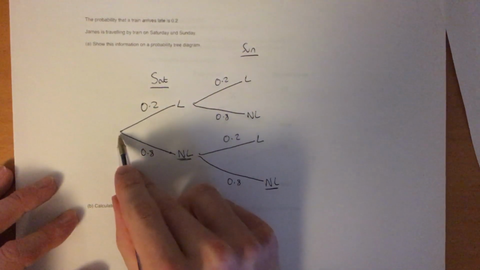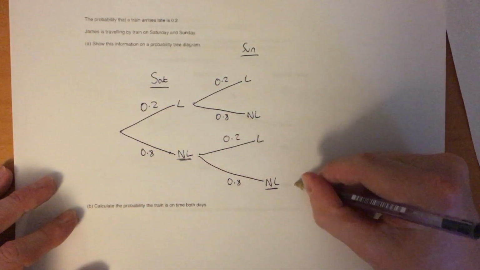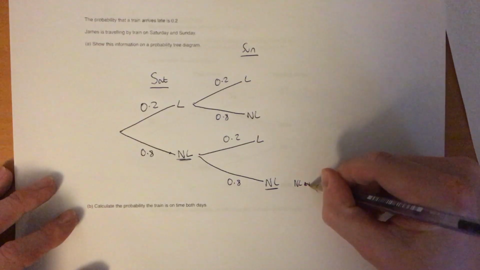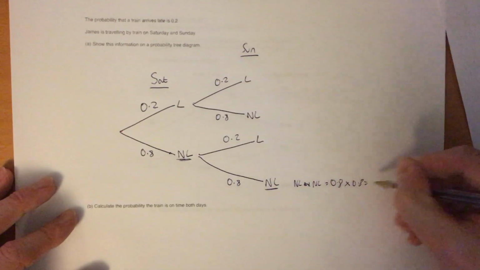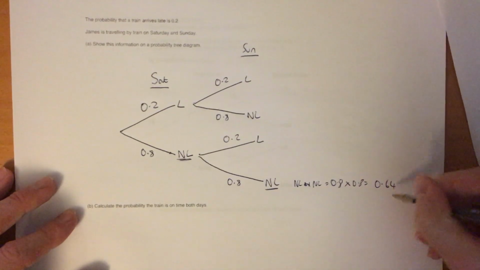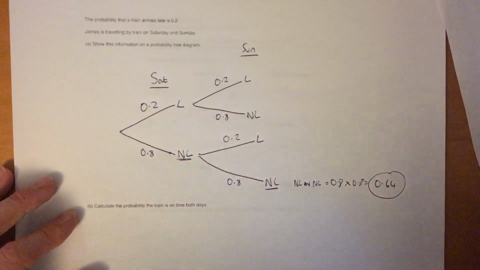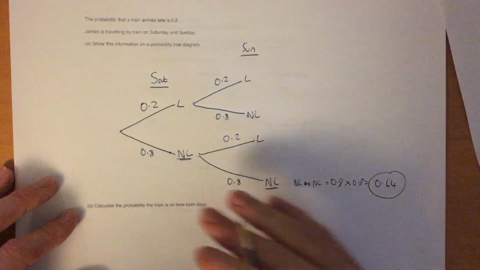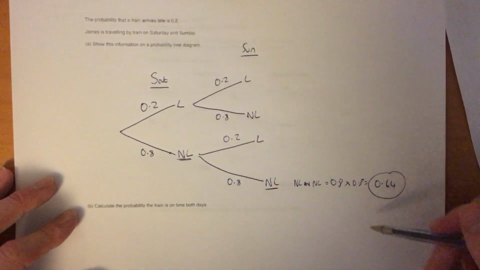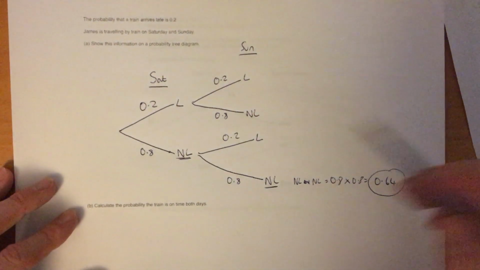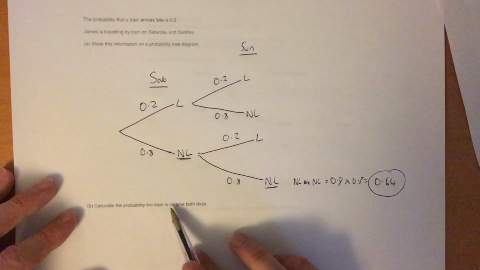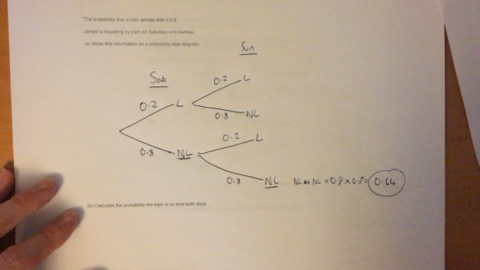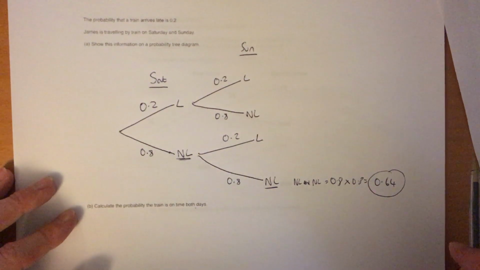So not late and not late be 0.8 times by 0.8, which is 0.64. That would just be the final answer. So unlike that previous example where we had to work out all of them and then be like, which one do we pick? Here, because it's just one option of him being on time on both days, we only need to pick one option. Okay?